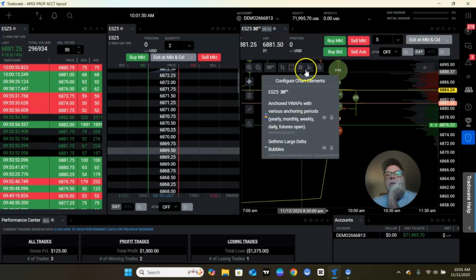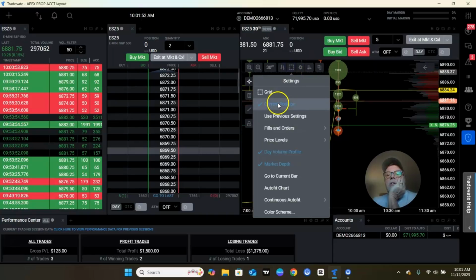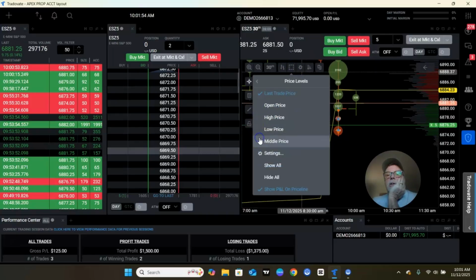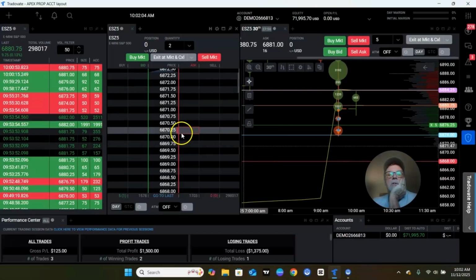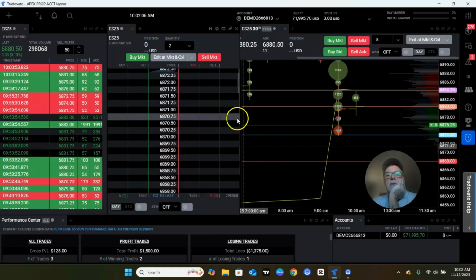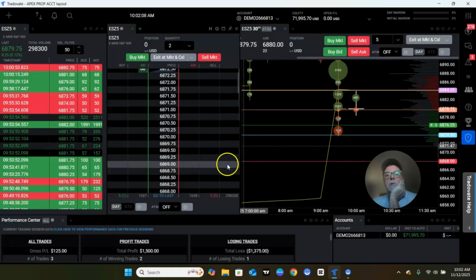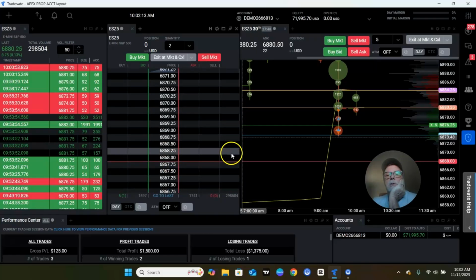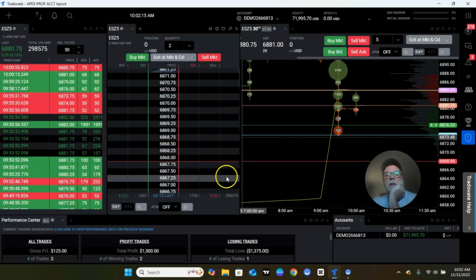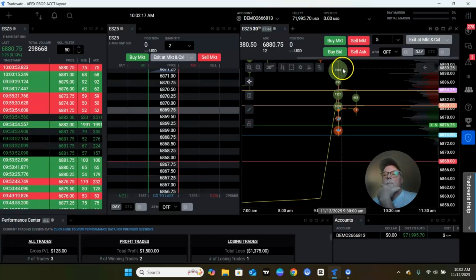You can go here and put your price levels in. You can put high and low. You can show all of them open. There's your 68.68. That's our low. We came down a little lower. You can't see it, but there was some right there. Action came all the way down to here, and then nothing below it, and went back up.